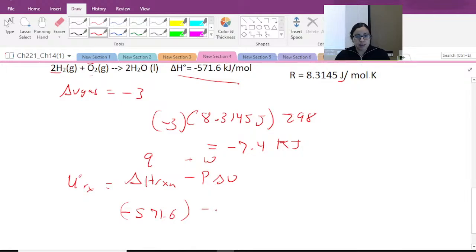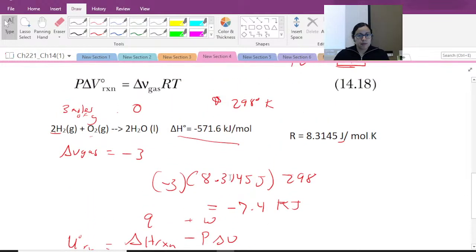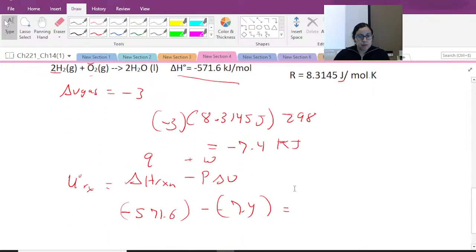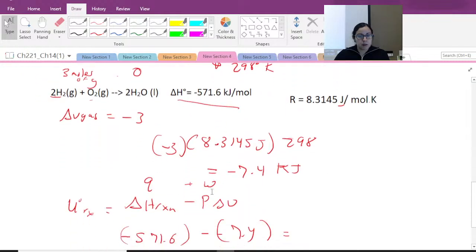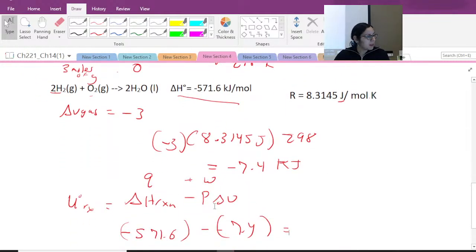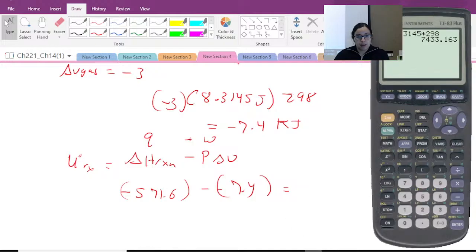And then minus a negative, so plus 7.4. Because the pressure is 1, we're assuming pure gases. The volume would decrease too, so that's where we end up with a positive work overall. So -571.6 plus 7.4 gives us -564 for the value.